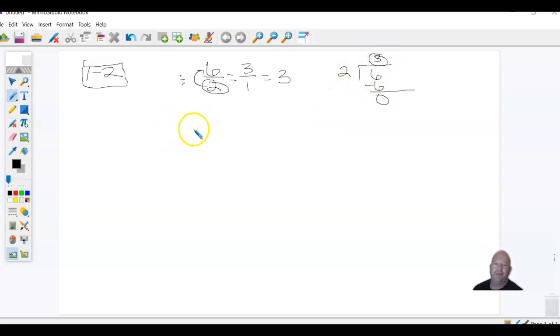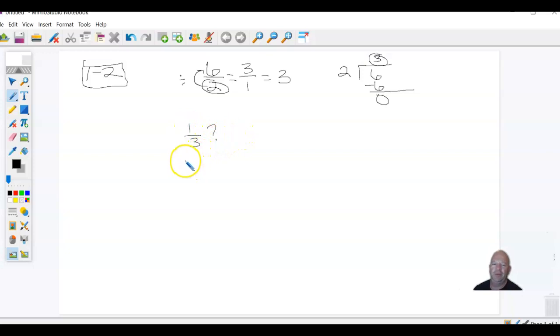So let's talk about looking at fractions in fraction form. Let's say that we have 1/3, and what does that look like as a decimal? Well, you take the 3, which is the denominator, and you divide it into the 1, which is the numerator.